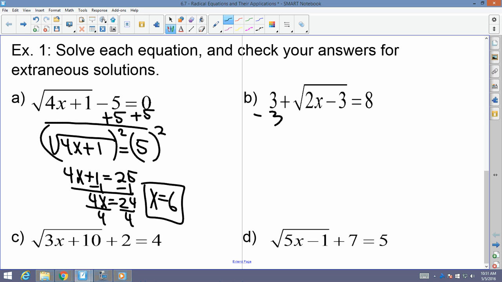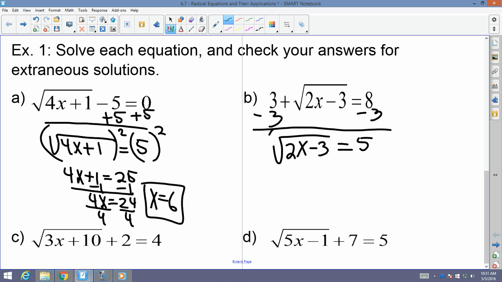Next, I've got 3 plus the square root of 2x minus 3. I'm going to subtract the 3 because I want to isolate that radical. I'm going to square both sides. I square to get rid of this square root. If it was a cube root, I'd have to cube it, guys. So I've got 2x minus 3 equals 25.